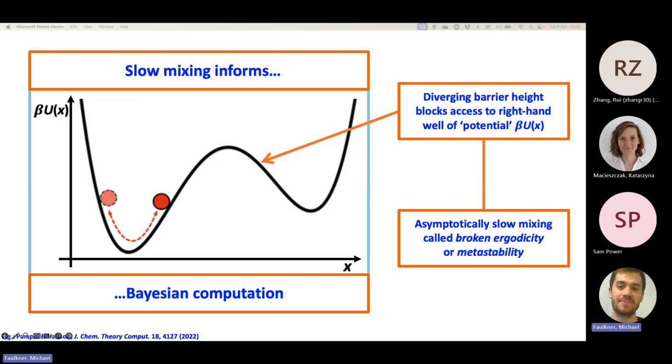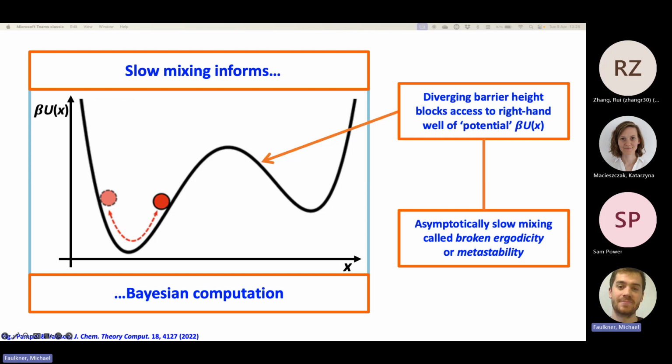Basically you end up with this multimodality, and you get slow mixing because the system might start in one well and then it takes a significantly long period of time to get over to the other well. In fact, typically the timescale for traversing this barrier diverges in the thermodynamic limit.